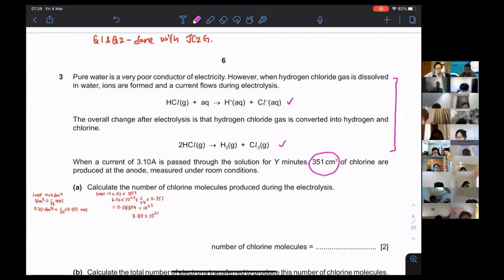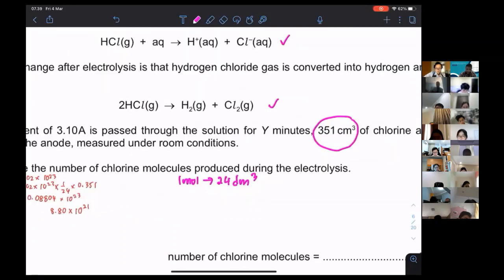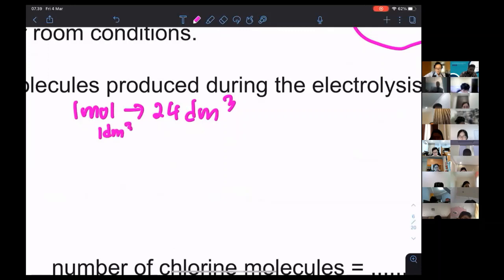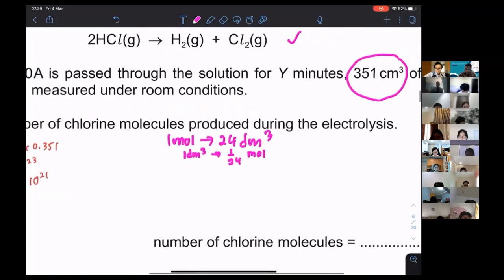We know that 1 mole of any gas is going to occupy 24 dm cube. So if you have 1 dm cube, then you are going to get 1 over 24 mole. Here I am dealing with 0.351 dm cube, you have to divide by 1000.